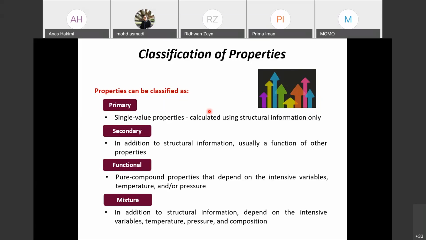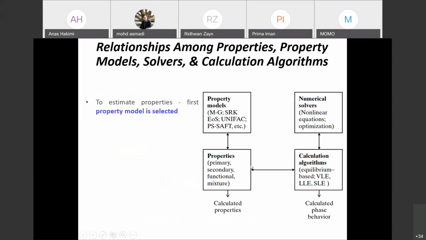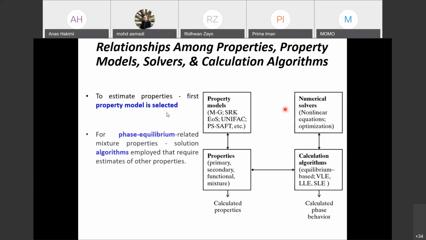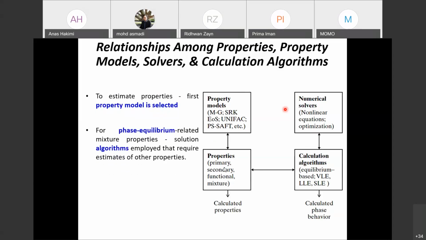So this is the relationship among the property models, as well as the property solver and the calculation algorithm. For example, if we select the property, we need the information from the property models.